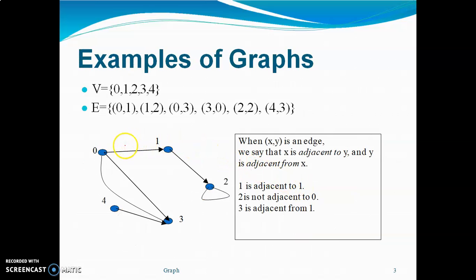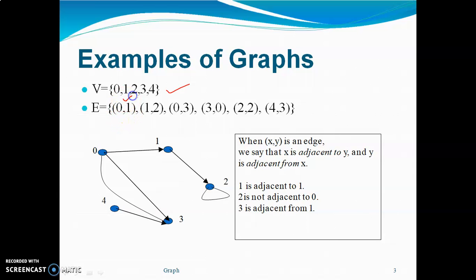Next, examples of graphs. The vertices set can be represented like this. Within curly brackets we can mention the vertex numbers or letters. Either we can write letters to represent the vertices or numbers. 0, 1, 2, 3, 4 are the vertices, and then the edges. Say I want to draw an edge from vertex 0 to vertex 1, then this is one edge.